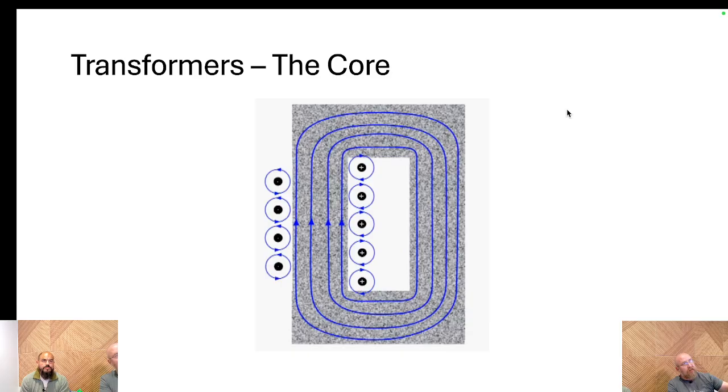So instead of those two lanes splitting off and going around in two different directions, they're now concentrated and going around the racetrack in parallel with one another, because we've given them a racetrack to go on. If you ever wonder why those things are so heavy, it's because they're iron, and then you add the copper windings to that.